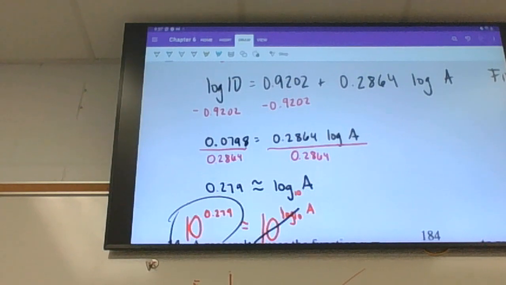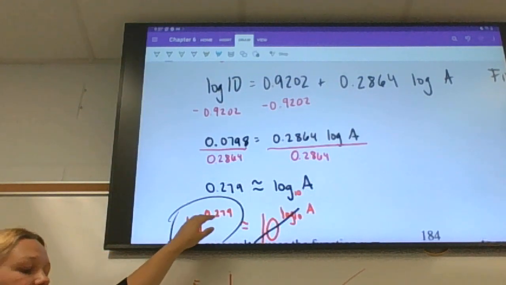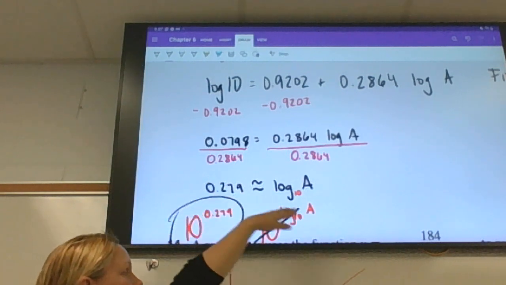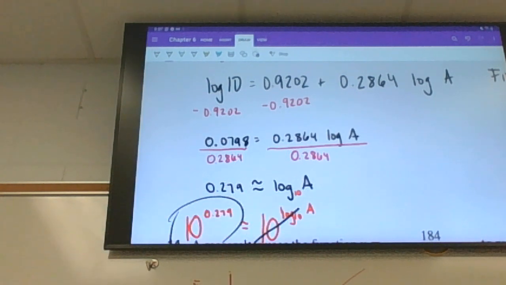And I'm not typing this actually. I did 10 exponent and I'm going up in my calculator and I'm getting the whole long decimal.